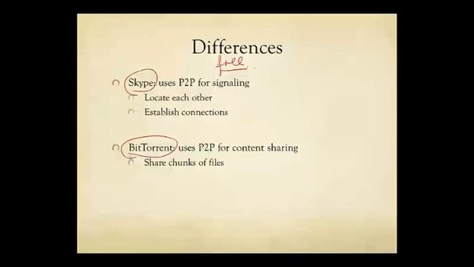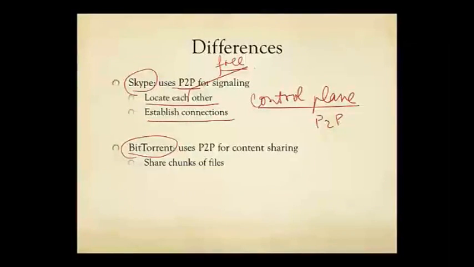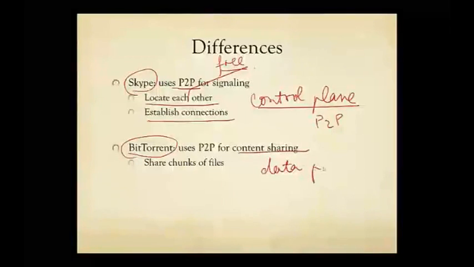So how could they be free? Well, Skype uses P2P for signaling, including locating each other, including establishing connections. So this is a so-called control plane use of P2P technology. In contrast, BitTorrent uses P2P for actual content sharing in the data plane.